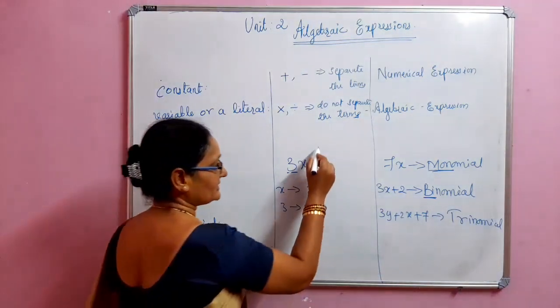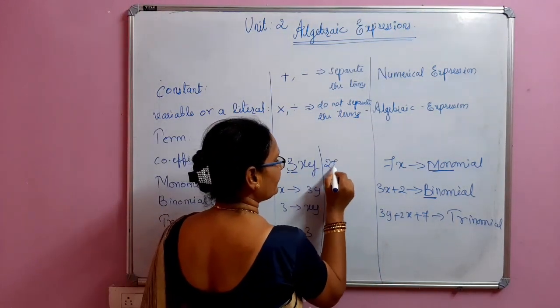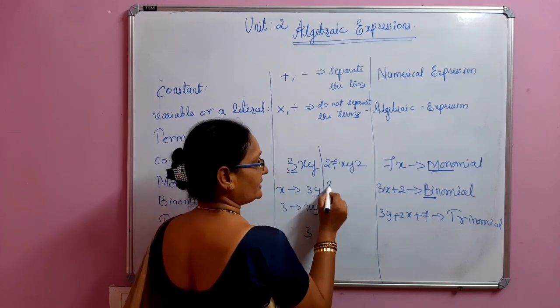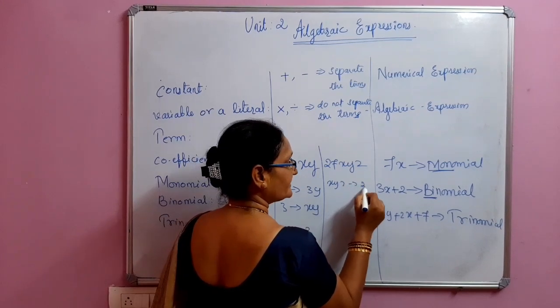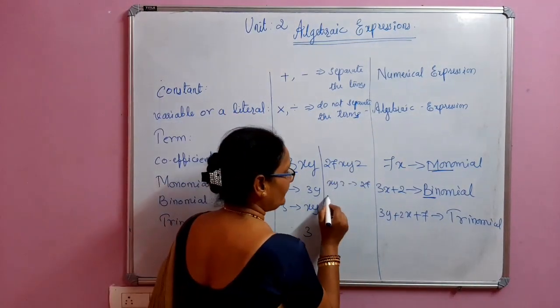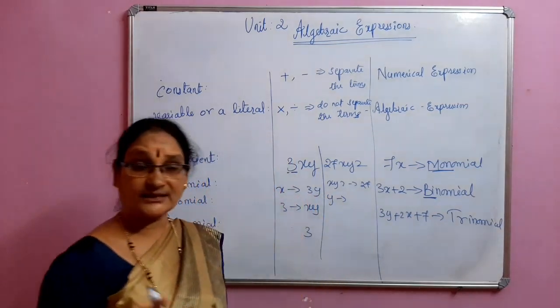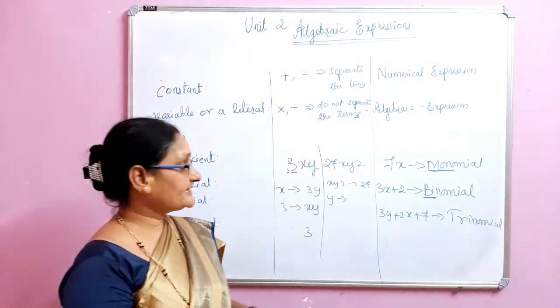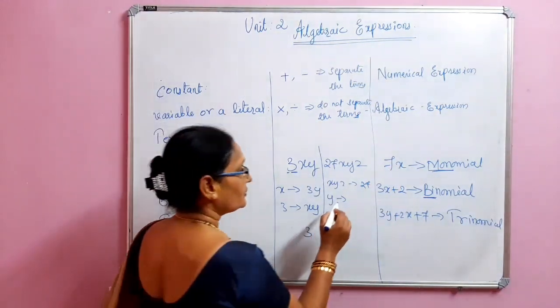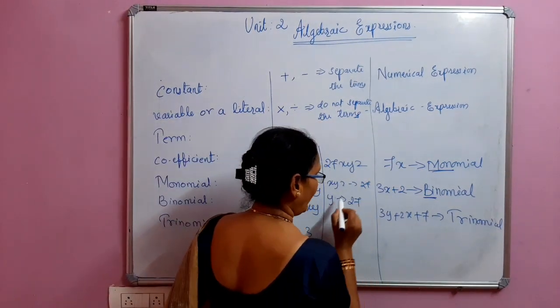Now one more example I will take. 27xyz. What is the numerical coefficient of xyz? That is 27. Now what is the coefficient of y? When I ask for the coefficient, except y, all the remaining is the companion of y. Here 27y is there.